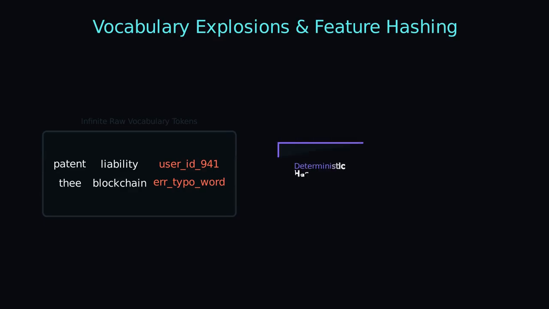To protect against this bottleneck, production-grade NLP systems deploy a data engineering trick known as feature hashing. Instead of allocating an explicit, hard-coded matrix column for every unique word, a mathematical hashing function intercept is introduced.